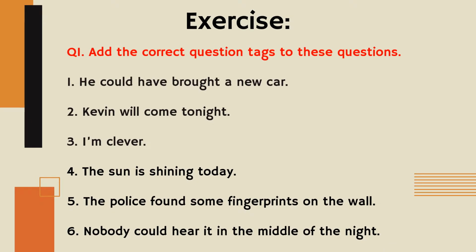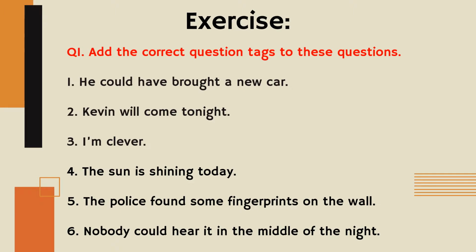Exercise. Add the correct question tags to these questions. First one is he could have brought a new car. Second one is Kevin will come tonight. Third one is I am clever. Fourth one is the sun is shining today.